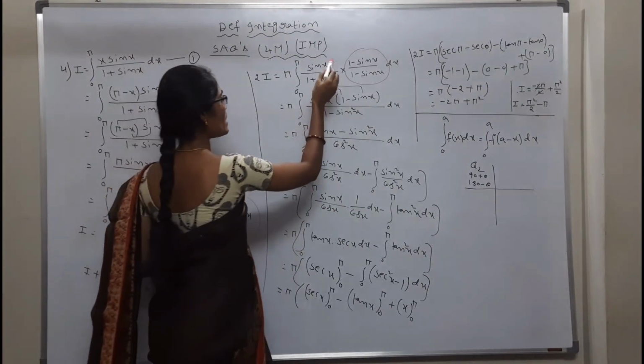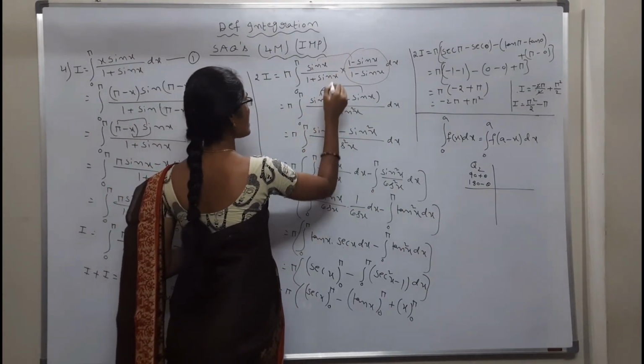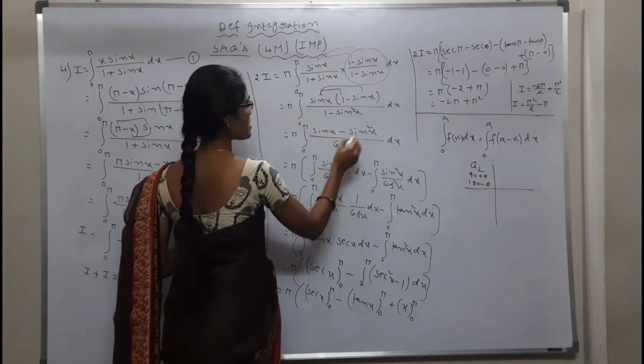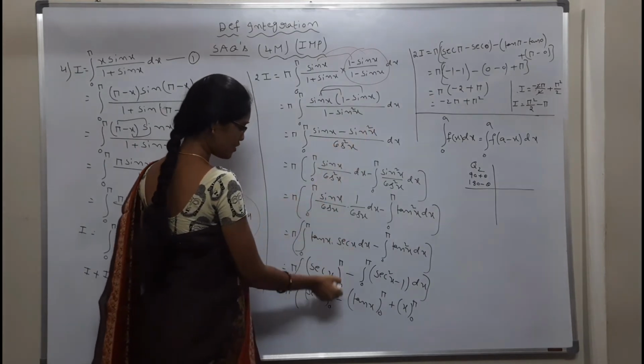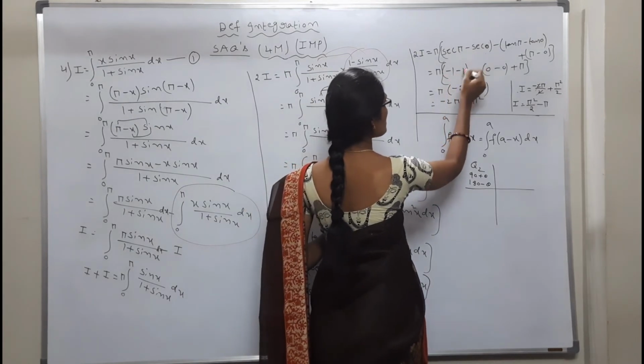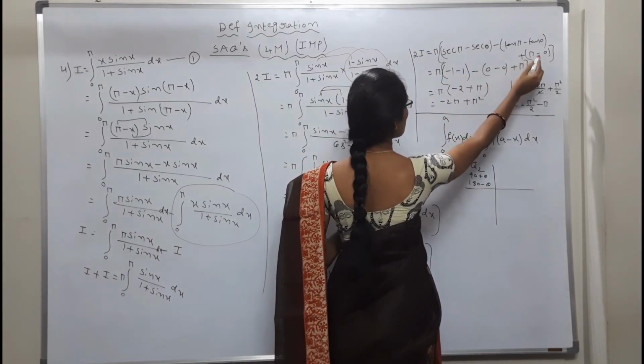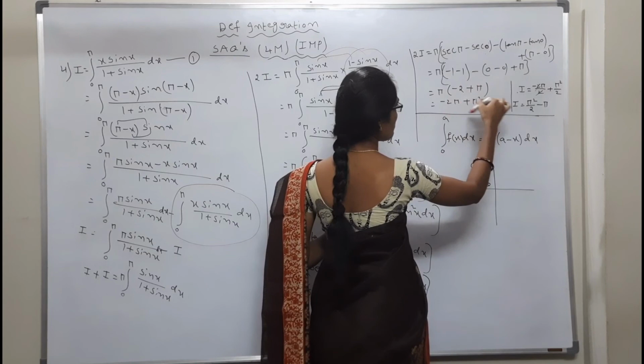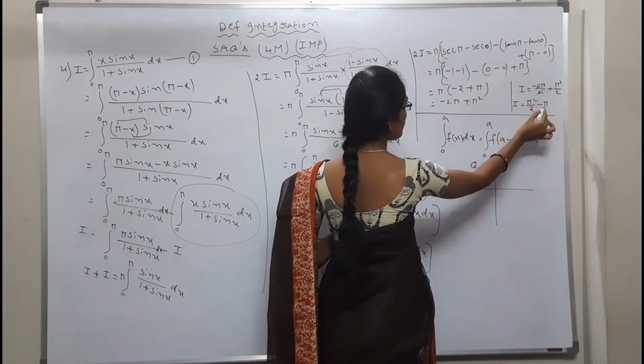Again multiplying, sin x into 1, sin x into sin square x. Again separating the denominator and applying the limits: secant pi means minus 1, secant 0 is 1, tan pi is 0, tan 0 is 0, pi written as it is. This is the simplification. Our answer is pi square by 2 minus pi.